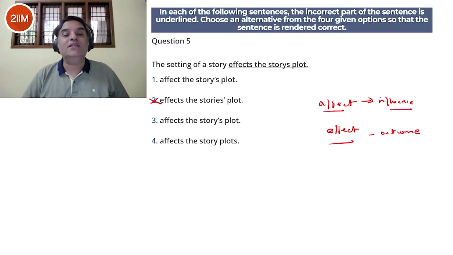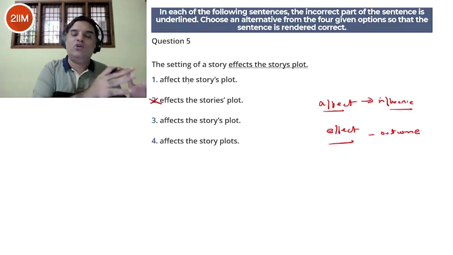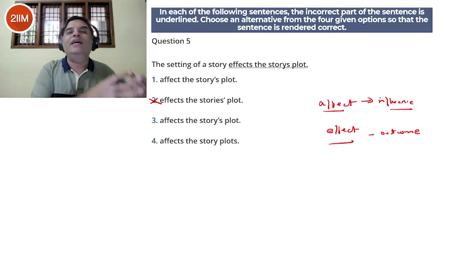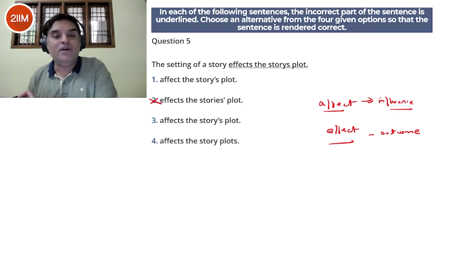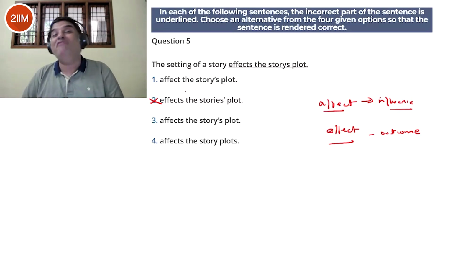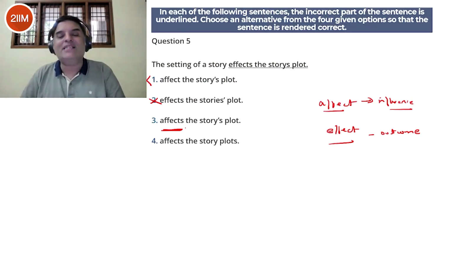Now let's look at this. The setting of a story affect the story's plot. No, it will be affects. It has to be, because we're talking about the setting of a story, which is singular. If it's a singular subject, it has to be a singular verb, right? So we will say affects and not affect. So this is wrong. We need to use S, and remember that.